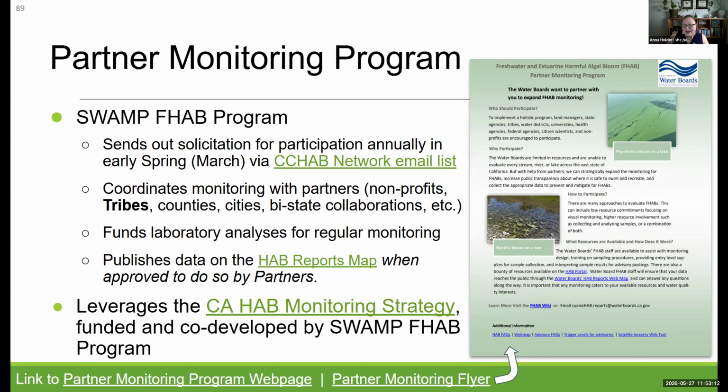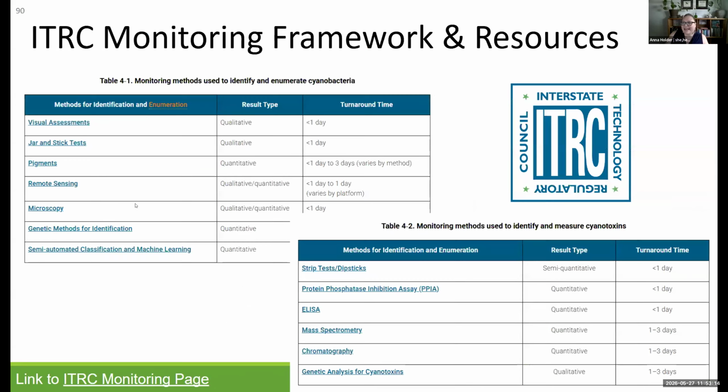Again, there's a flyer and links and all sorts of goodies. And we mentioned the ITRC. They've got a lot of great monitoring resources that we shared previously. I'm barely remembering the FHAB acronym. So for the ITRC, if that's new to you, that's the Interstate Technology Regulatory Council.